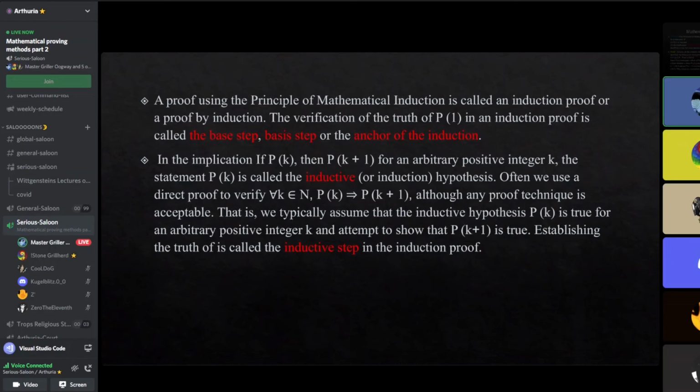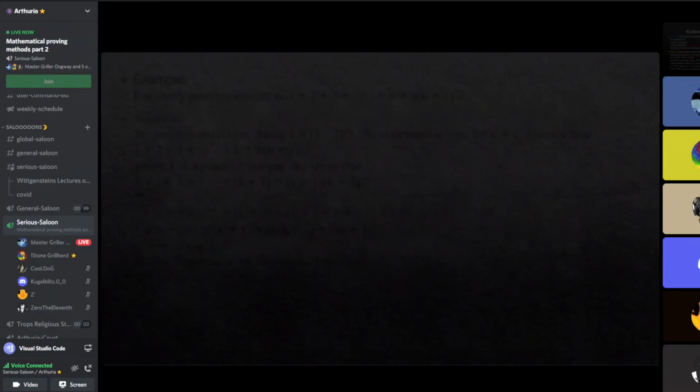So showing the inductive hypothesis is the inductive step. It is most commonly a direct proof, in which you describe how the implication works, proving the truthfulness of the implication. This is pretty much all you have to know. Now we'll go over an example.